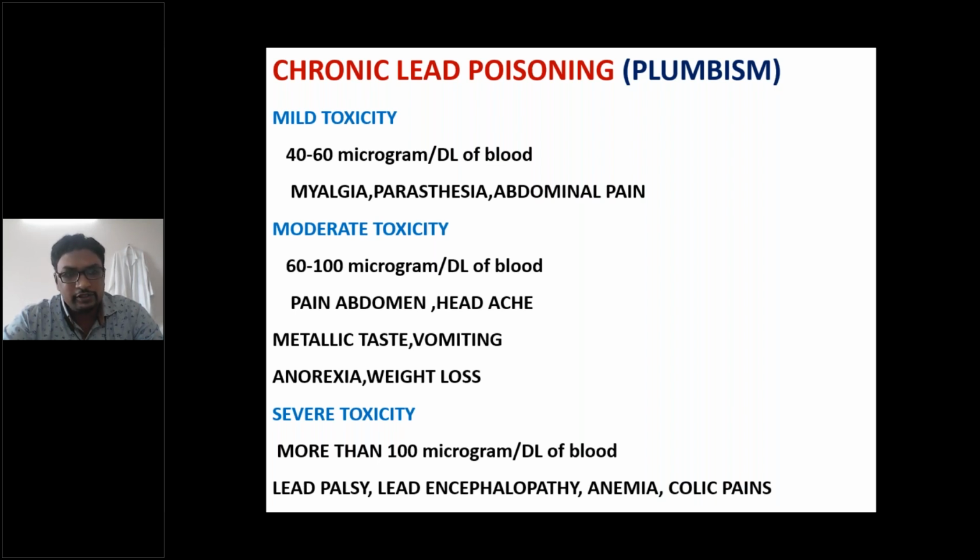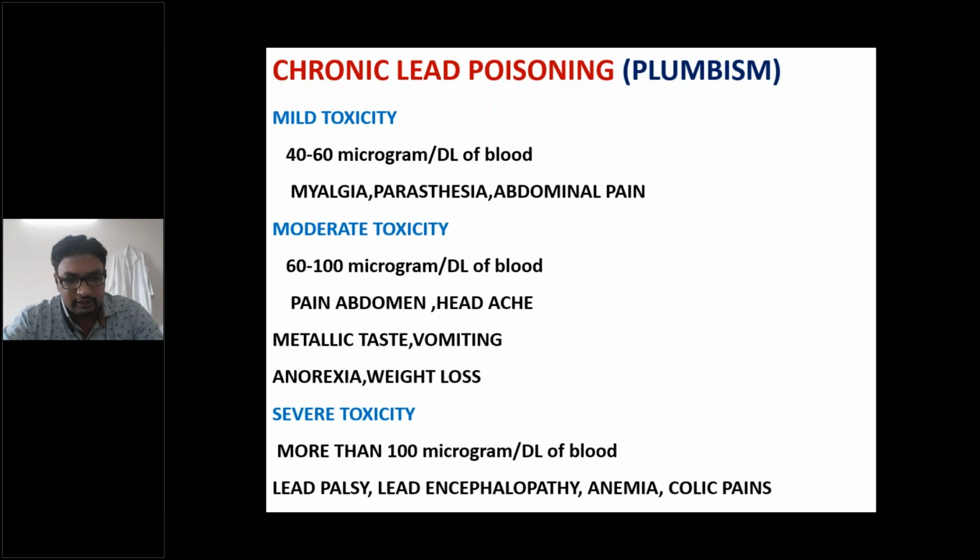In moderate toxicity, the lead levels are about 60 to 100 micrograms per deciliter of blood, and the patient will experience abdominal pain, headache, metallic taste, vomiting, weight loss, and then anorexia. So GIT symptoms will prevail, mostly vomiting, and then there can be metallic taste and weight loss in moderate toxicity.